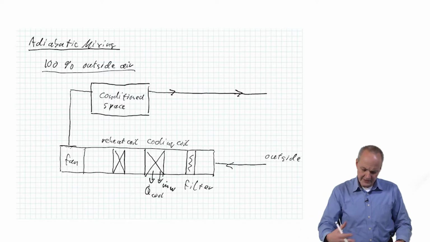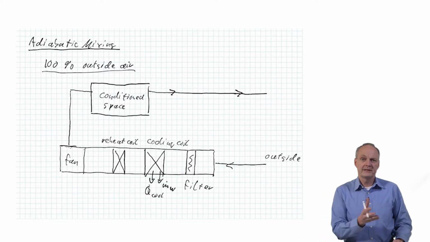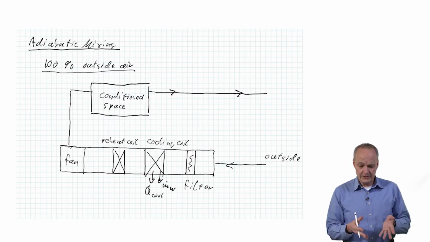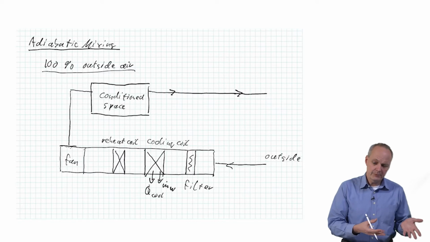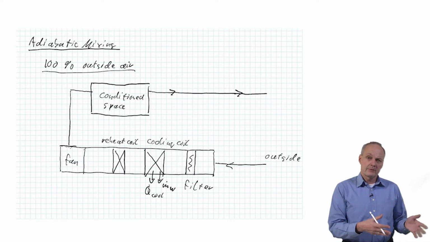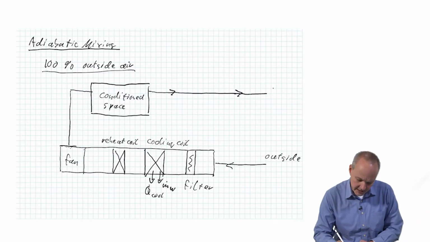While you already see that we do a lot of work to condition the air, we bring in the air from the outside, we may cool it down, which requires energy, and then we reheat it, which requires energy, and then we bring that air into the space, and then we just take this conditioned air and we discharge it again to the outside.